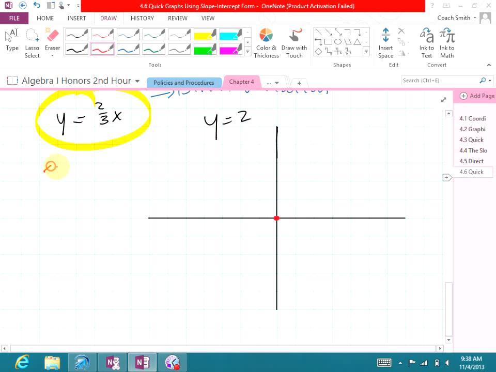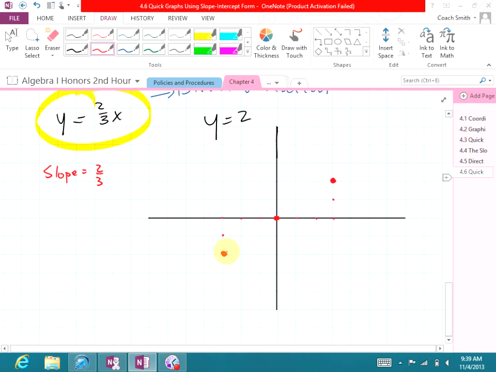My slope is still equal to 2/3, which is rise over run, and it's positive. So, I'm going to go over 1, 2, 3, and go up 2, 1, 2. Okay? My next point, I'm going to go over to the left, 1, 2, 3, and down 2, 1, 2.